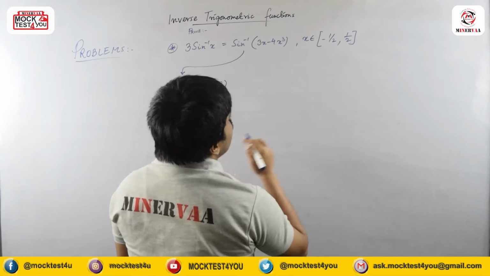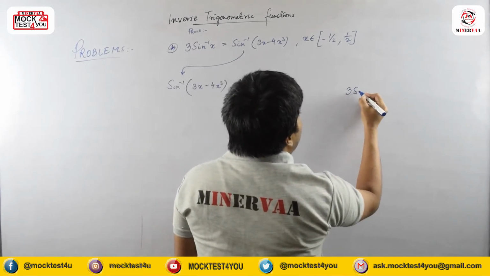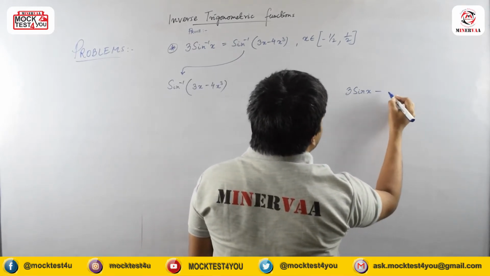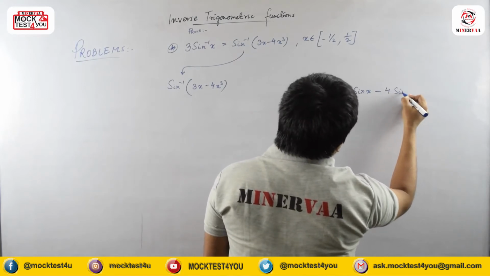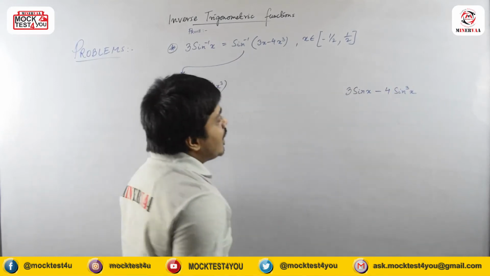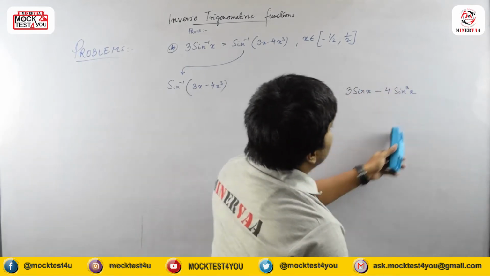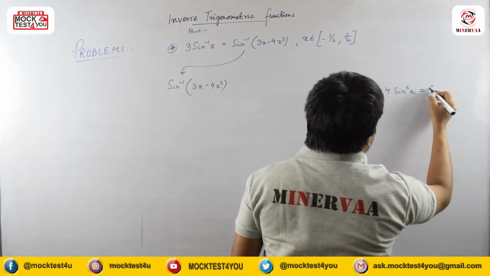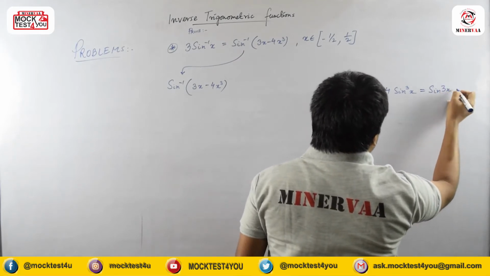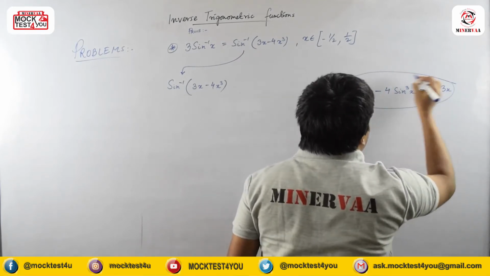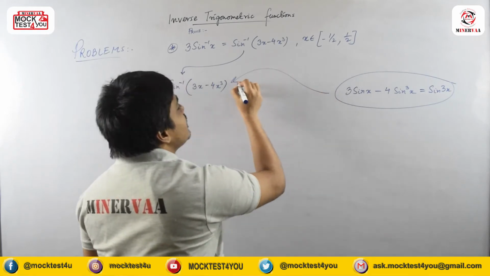You see, 3 sine x minus 4 sine cube x was the formula of sine 3x. So let us utilize this formula and try to solve this one.